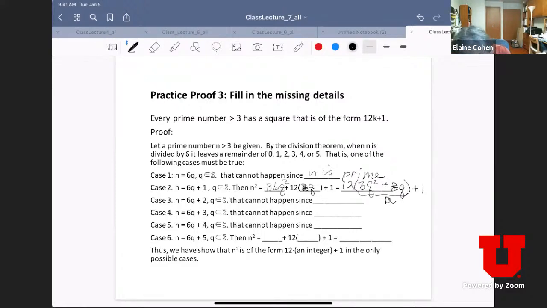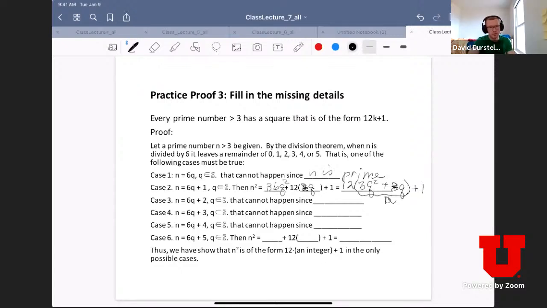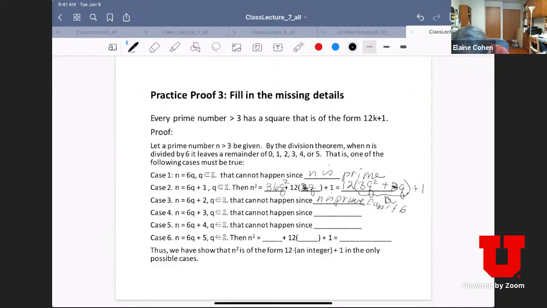12k plus 1. What about n equals 6q plus 2? What do we get? Why can't that happen? Because then it'd be divisible by 3 if you factor out a 3 there. Well, if n is 6q plus 2, it's divisible by 2. N is prime, so it can't be even and greater than 2.